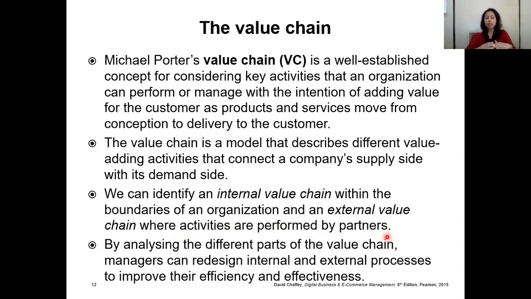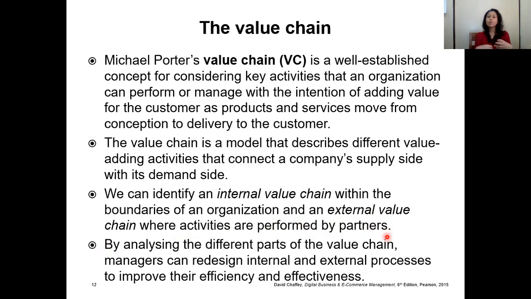So there can be value chains which are external to the organization, or which are outside the boundary of the organization, which consist of the activities of the value chain which are performed by parties that are external to the organization, the business partners. Might be our suppliers, logistics companies, distributors, warehouses, likewise.